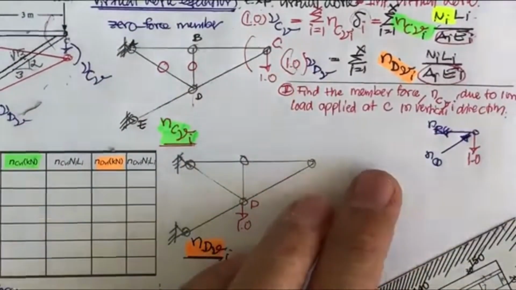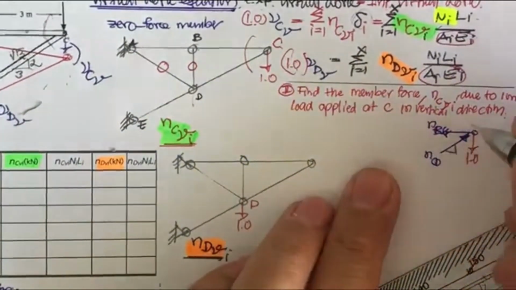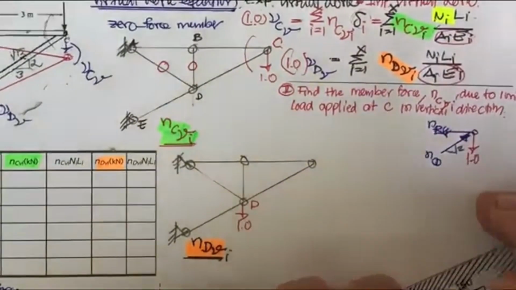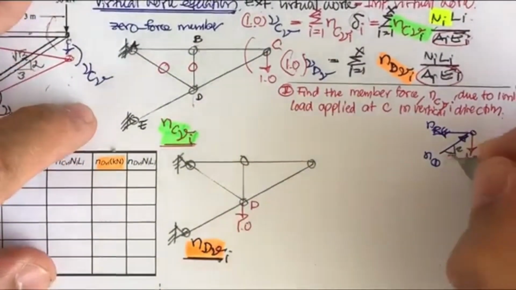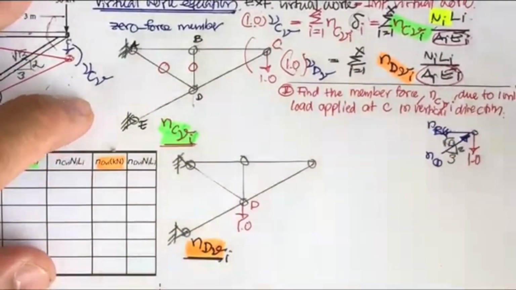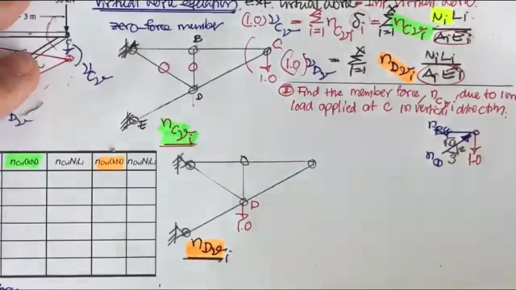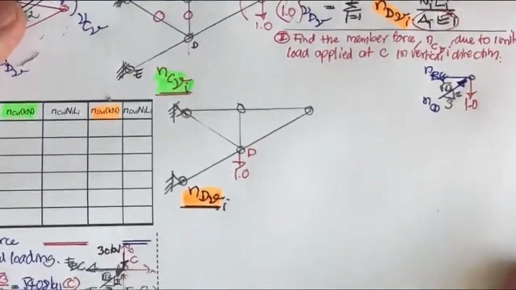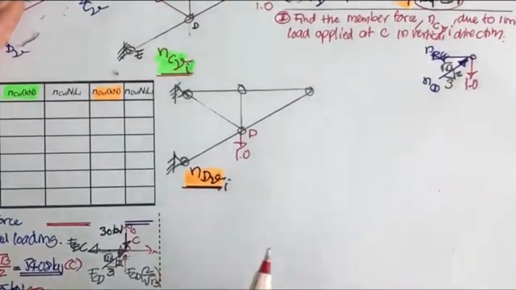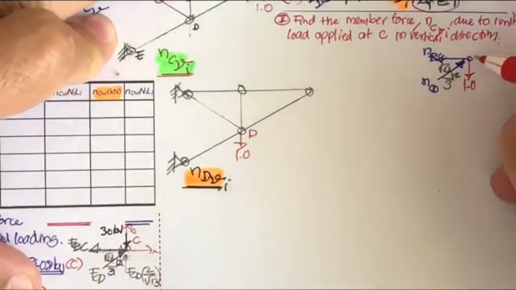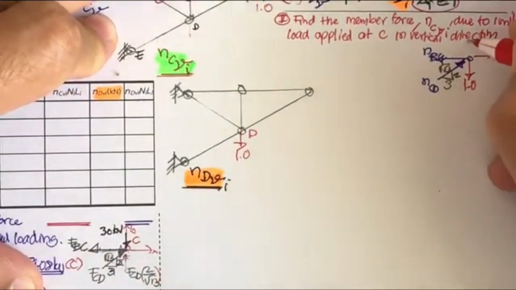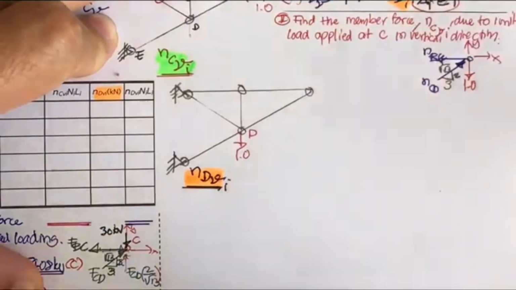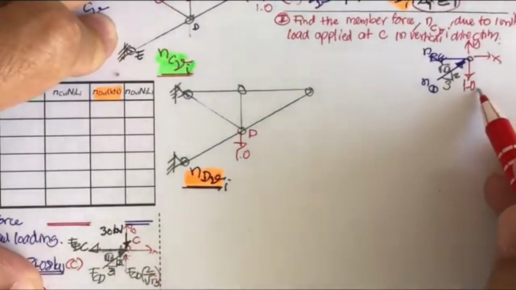Okay, and this is going to be 2, and this is going to be 3, square root 13. And if you compare this one with the free body diagram here, you may find some relationship in which the applied force here is 30, here is 1.